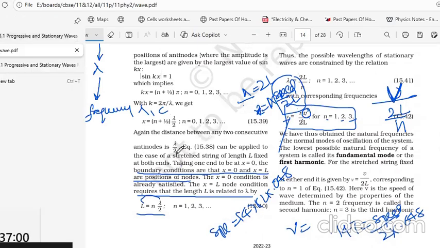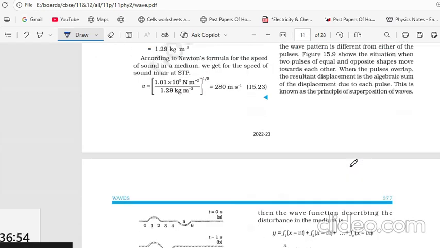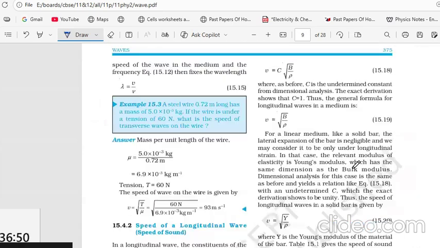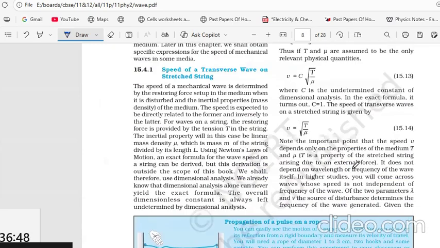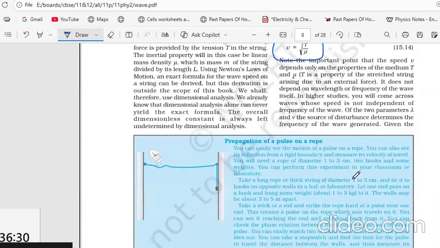So that is dependent on only these two things: the tension and the mass per unit length. Speed is this, and mu is the mass per unit length.